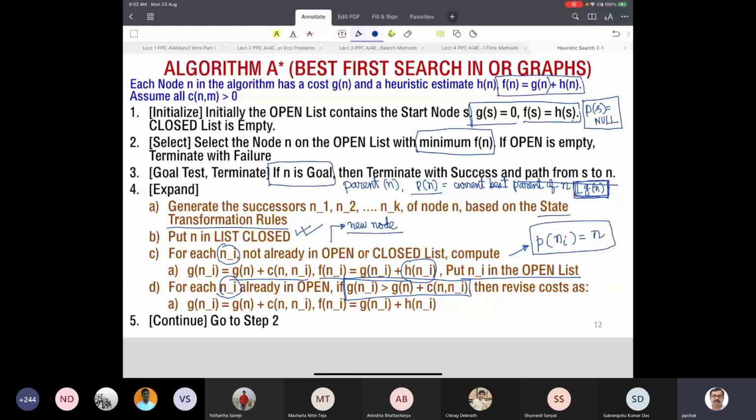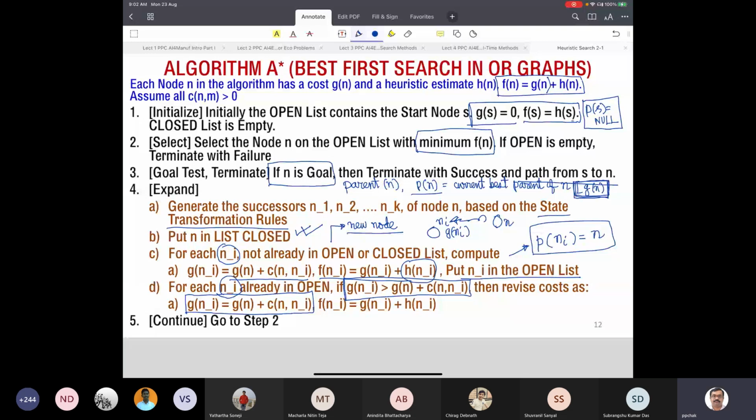So you already have Ni in open. It has a Gni value. But the new path that you are coming from N, determined by Gn plus C(N, Ni), gives a smaller value.